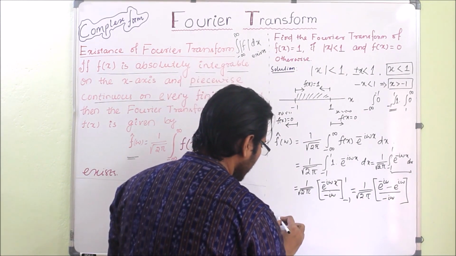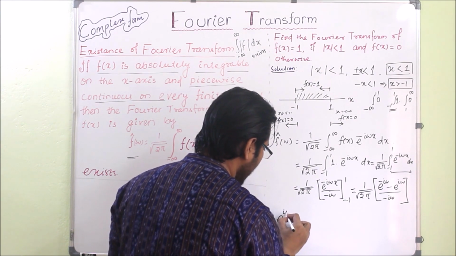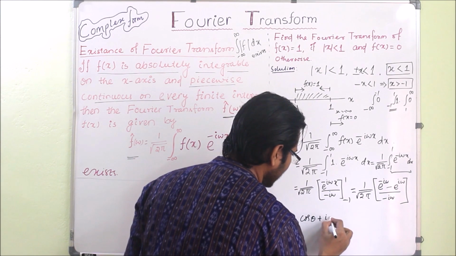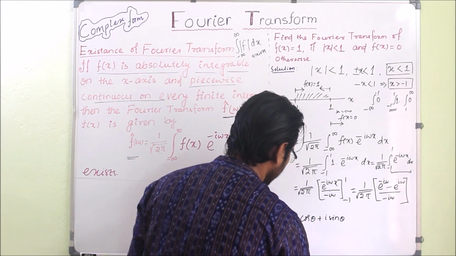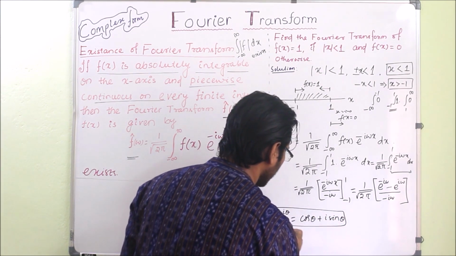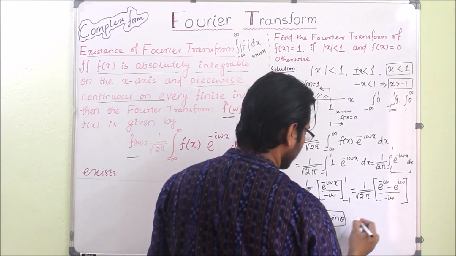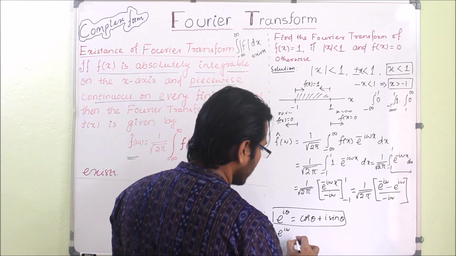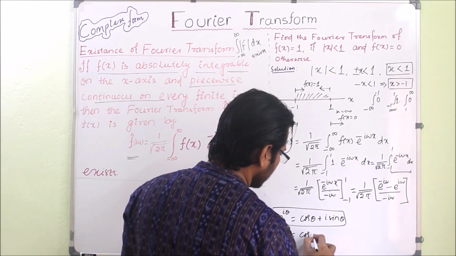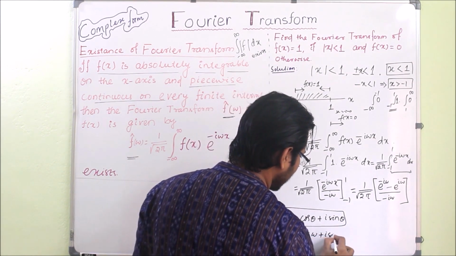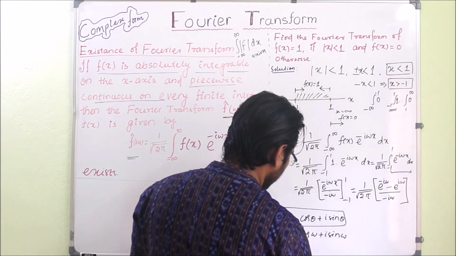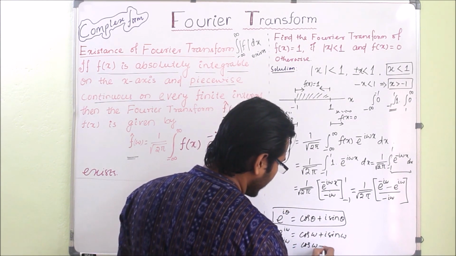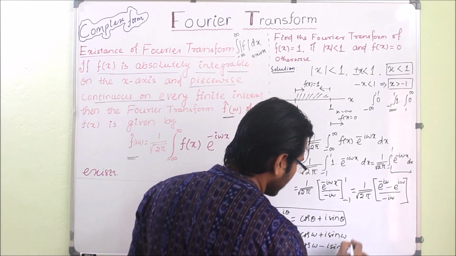How to simplify? We know e to the power i theta equals cos theta plus i sin theta. This formula we know. So if we apply this formula, e to the power iw will be cos w plus i sin w, and e to the power minus iw will be cos w minus i sin w.